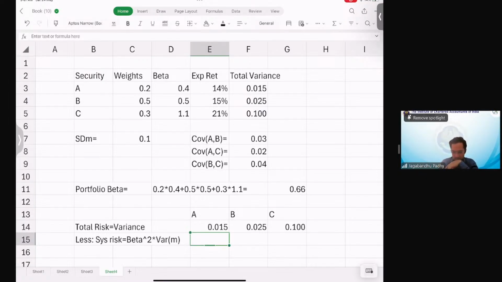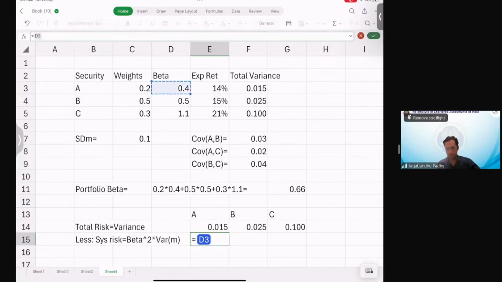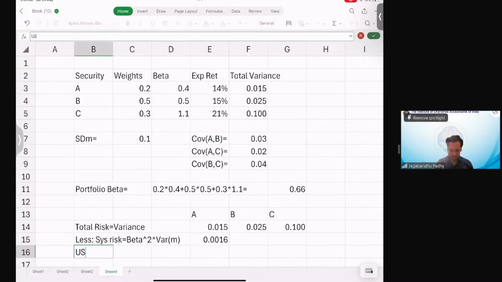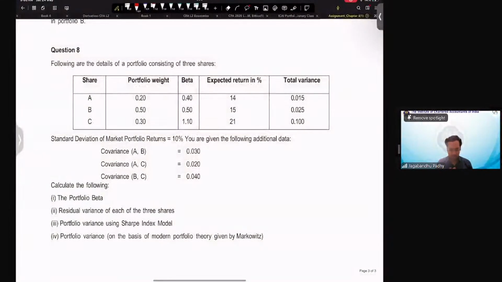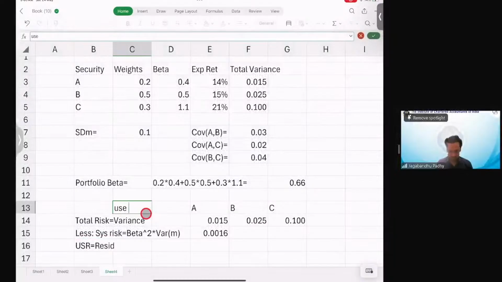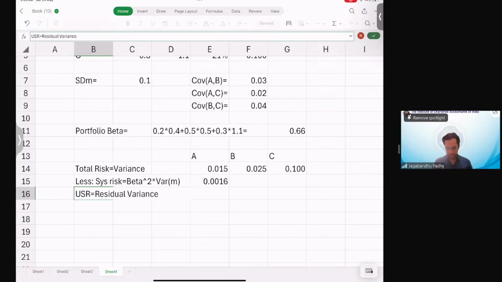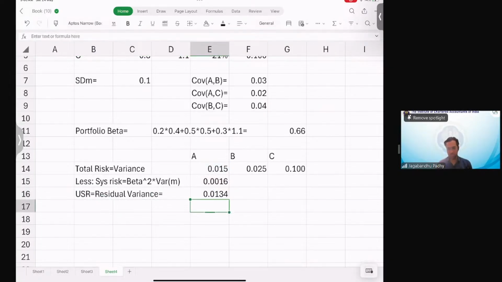So beta square is essentially 0.4 square into variance of market. Then unsystematic risk, or what we call the residual variance, is simply the subtraction between these two.